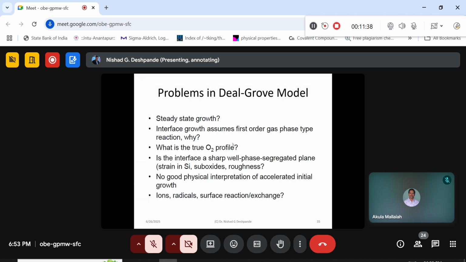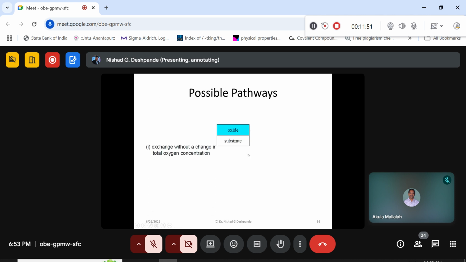So that's where one has to have a proper control, and to understand this controlling process, one also has to discuss the problems they are going to face when going for such oxide layers.